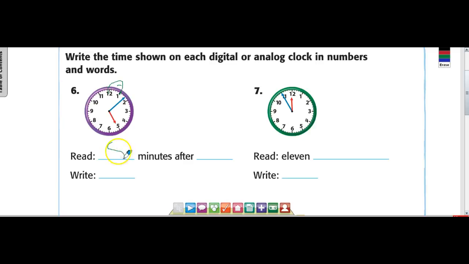So there's actually 8 minutes after 5. So how would I write that? 5, and then colon, and then what else? 8 or 08? 08, correct.